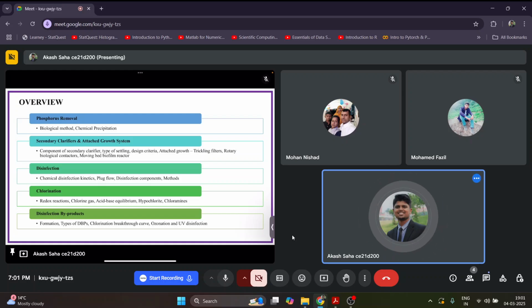And then we talked about disinfection, where first we talked about the chemical disinfection kinetics, how to design it in plug flow criteria, and then what the different disinfection methods are. Majorly we started off with chlorination. What are the different redox reactions? How can chlorine gas be used? What are the uses of hypochlorite or chloramines?